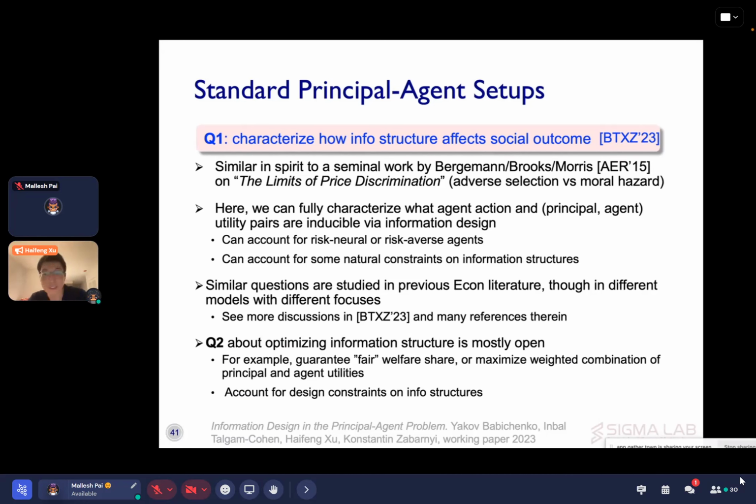Maybe you can also maximize some weighted combination of the principal and agent utility, and maybe you want to account for some design constraint. You want to guarantee it will be almost transparent, under some kind of information loss measure. And those algorithmic problems are almost all open in this case.